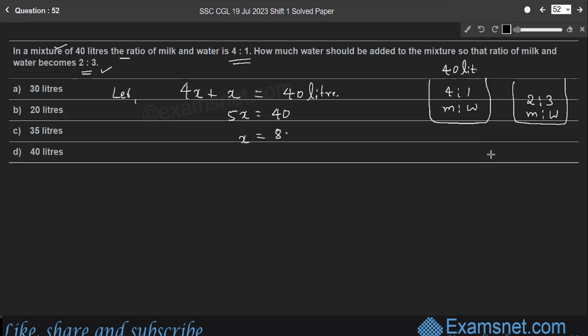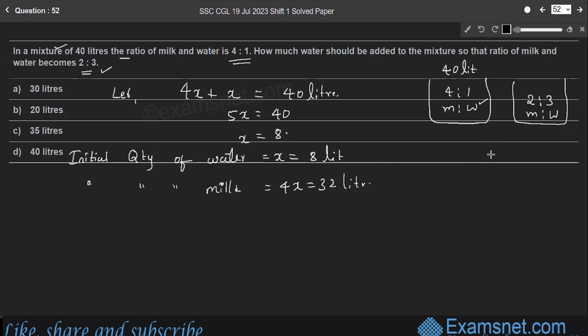So initially the quantity of water is x, which is 8 liters, the initial quantity. Whereas the initial quantity of milk is 4x, which is 32 liters, right?